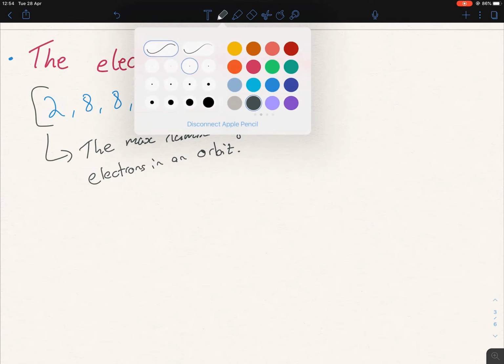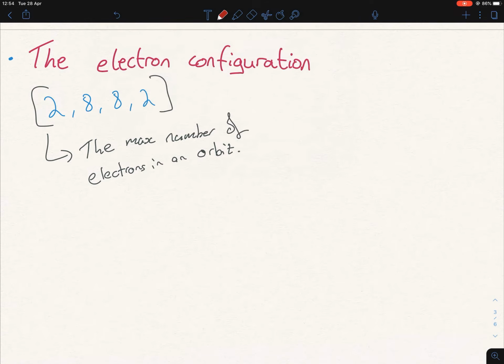So we're going to go back to our drawings now, guys, and we'll start off here. Now, that's not a perfect circle, but that's close. So we have our nucleus here, I'm going to write it in. And we said before that around it, we have something called the electron cloud.